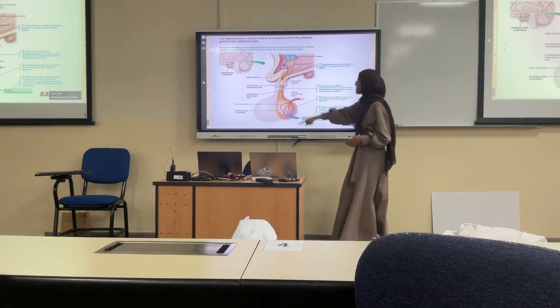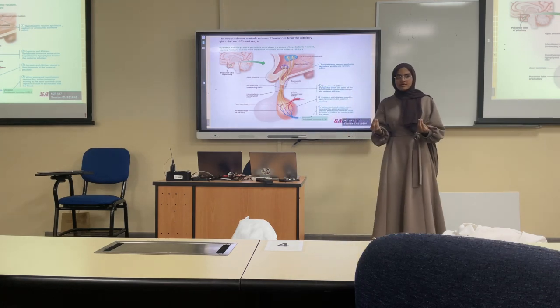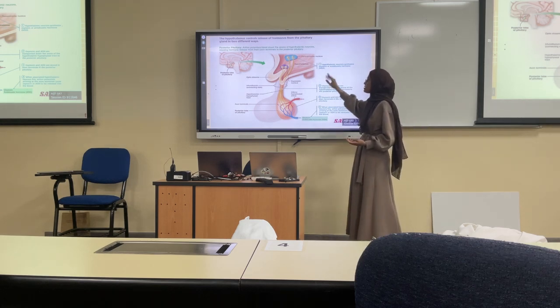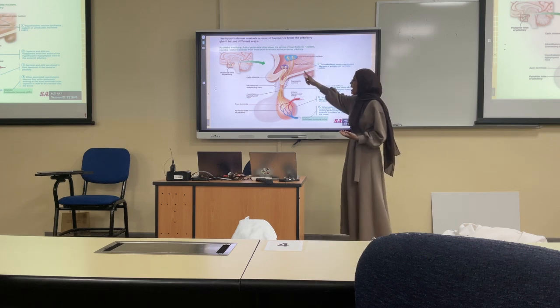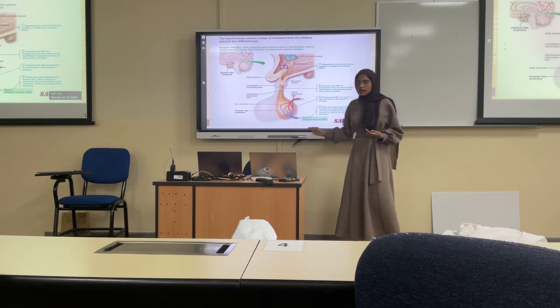This whole thing is a neuron, which has a cell body and an axon. A collection of cell bodies in the CNS is called a nucleus, and a collection of axons in the CNS is called a tract.